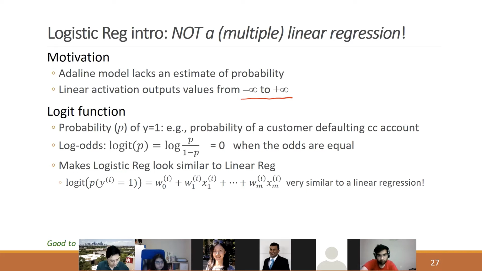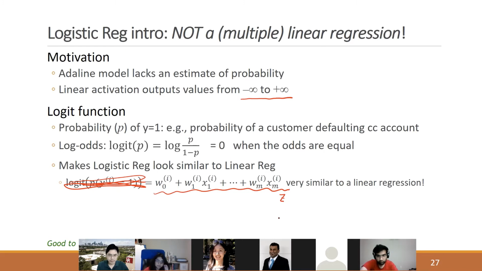The reason why logistic regression is called logistic regression is because there's a logit function component in the model. Previously, with the Adeline model, you take these out and observe this part. What is this? This is the net input, a weighted sum of the signals.